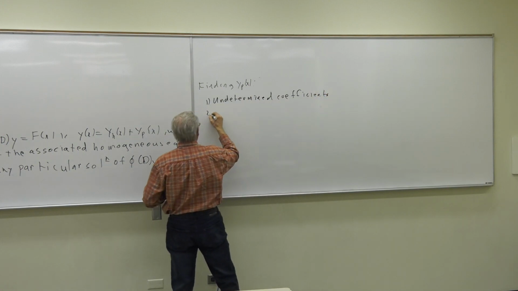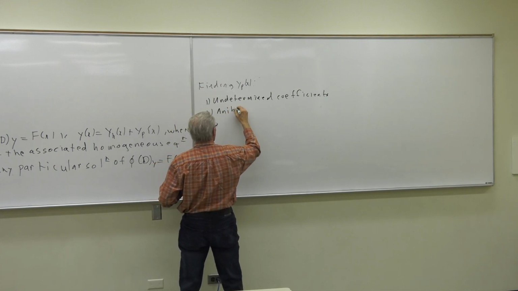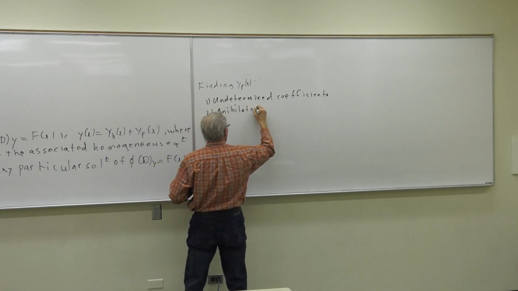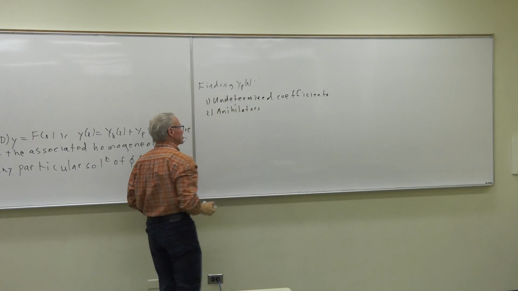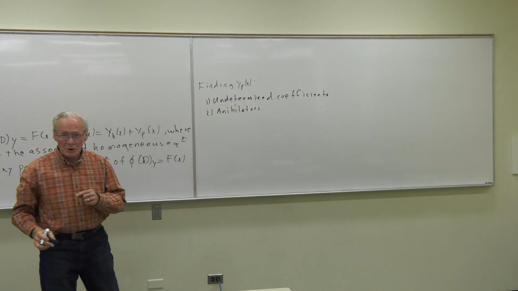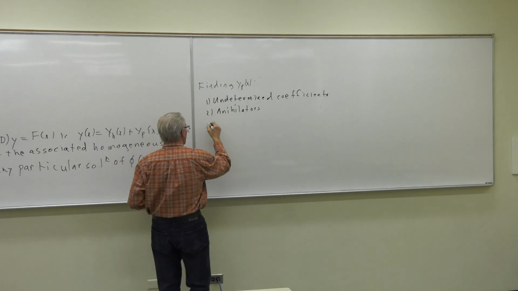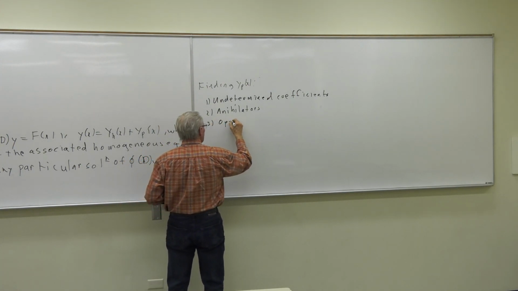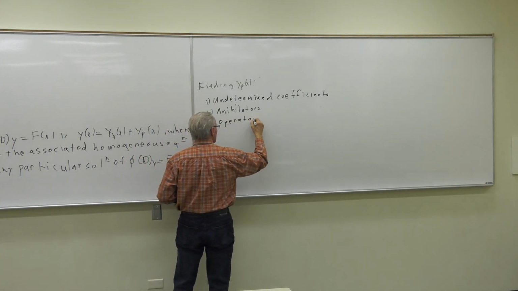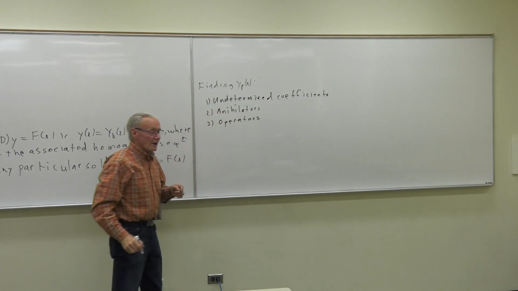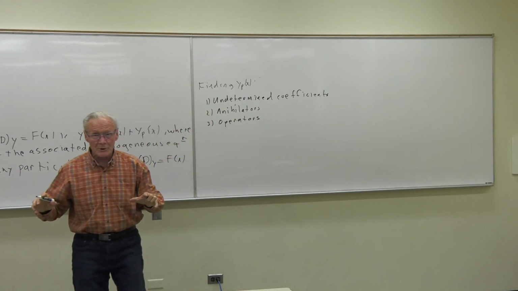There's another method called annihilators. It is much like this one, very close to it. Then there's one called operators. It is in the textbook. If you want to learn any of these, I have no objection whatsoever.